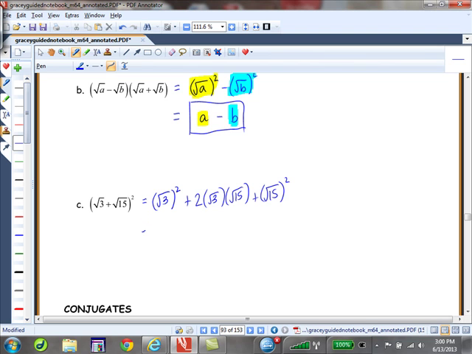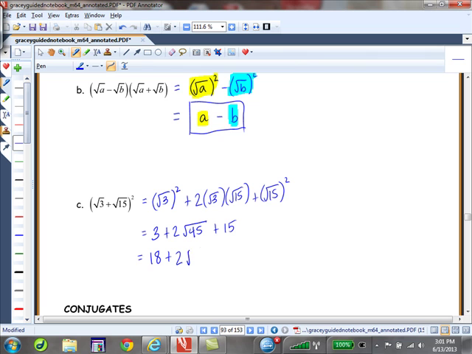So root 3 squared is, good, 3. And then this will be plus 2 times root 45. Good, because they're both square roots, so we can make one happy product. And then root 15 squared is 15. Combining the 3 and the 15, we get 18 plus 2.